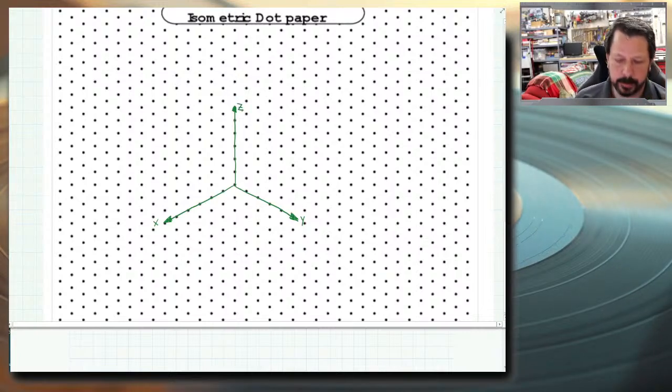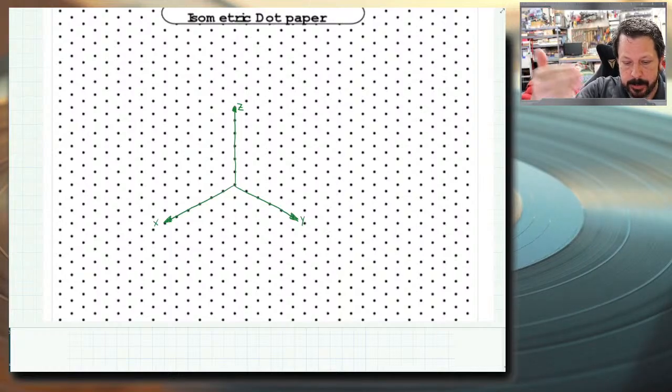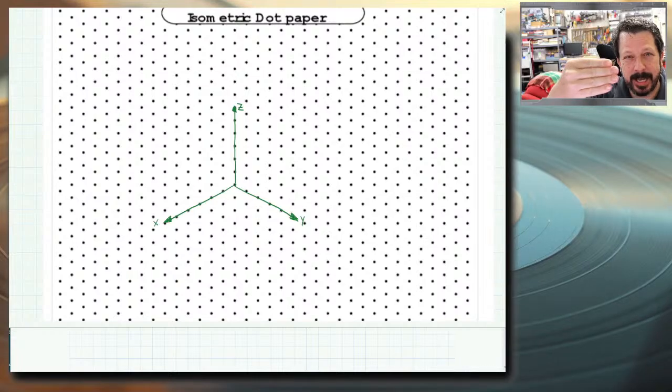Now this might look like an odd configuration. Normally you're used to X being horizontal, Y being vertical. So why did I make X be coming towards you? This is following the right hand rule, where you take your right hand and curl your fingers from the x-axis to the y-axis.